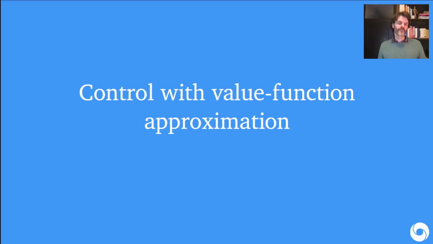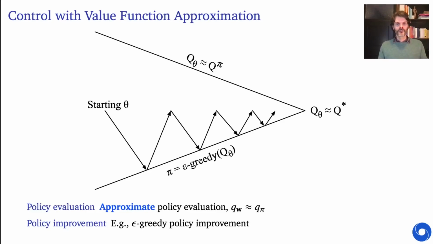So now we're going to very briefly touch upon control with value function approximation. This will be relatively straightforward because we've talked about these things before. So just as a recap, we're going to do some version of policy iteration in some sense, and policy iteration depends on two steps. One is policy evaluation and the other one is policy improvement. To start with the latter, for policy improvement we could consider something fairly simple.